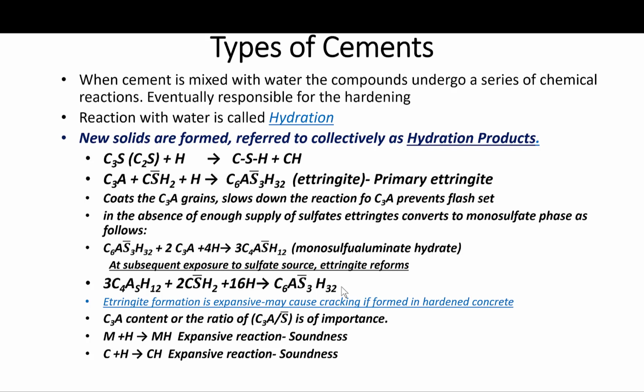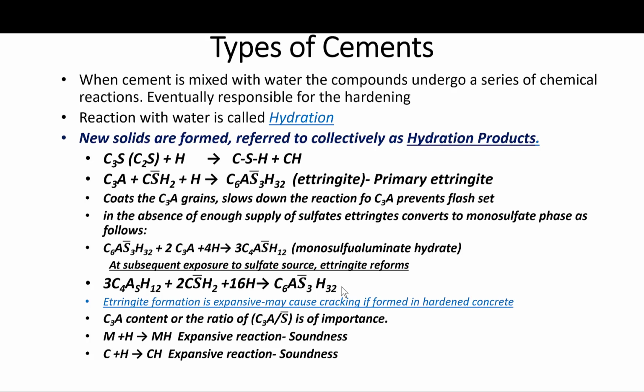As I mentioned before, ettringite formation is expansive. Ettringite formed during the early hydration, as I mentioned above, is referred to as primary ettringite, and its formation typically is accommodated while the concrete is wet or still in the plastic stage.